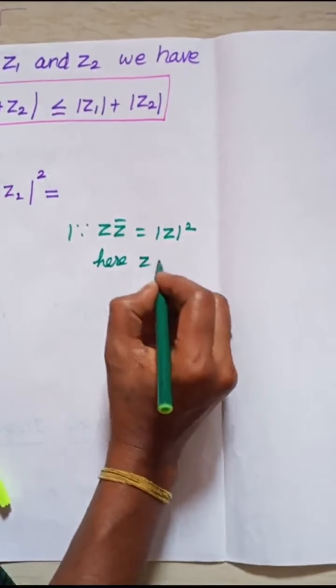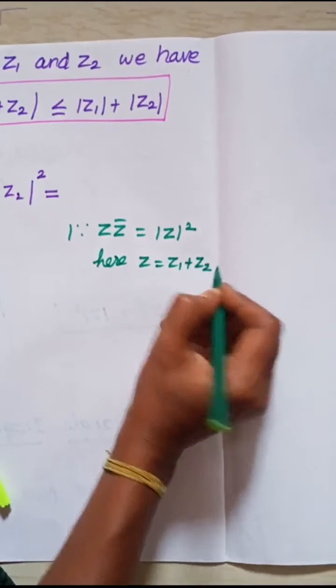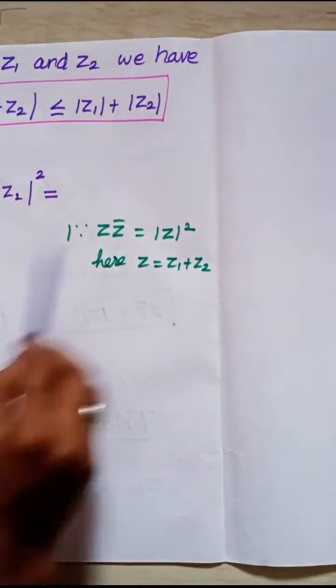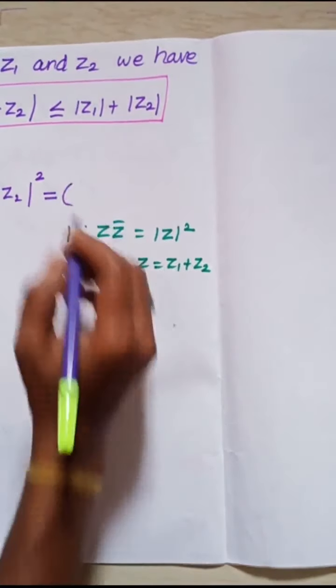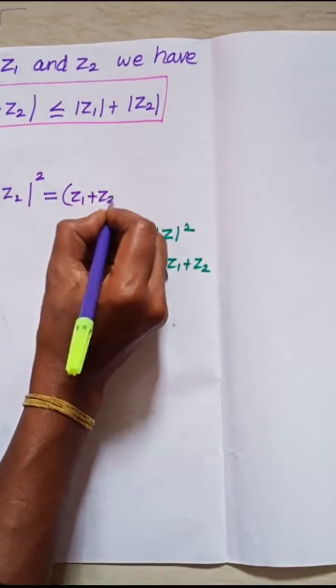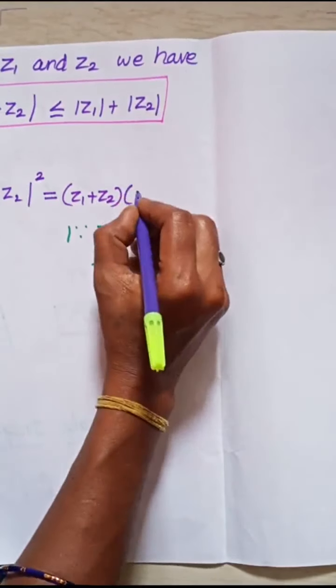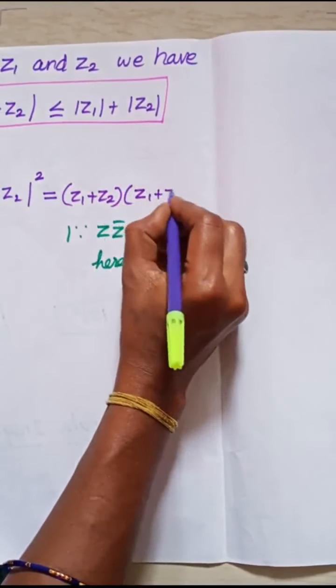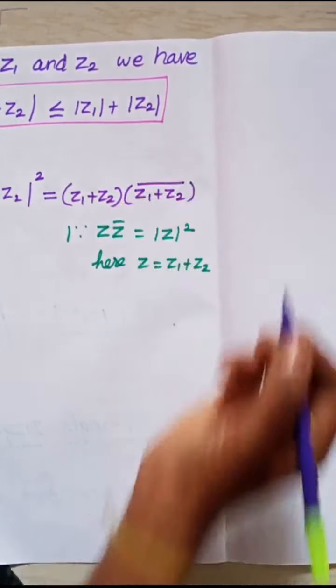Here z is z1 plus z2. Now write it here: z into z bar, that is z1 plus z2 into z1 plus z2 the whole bar.